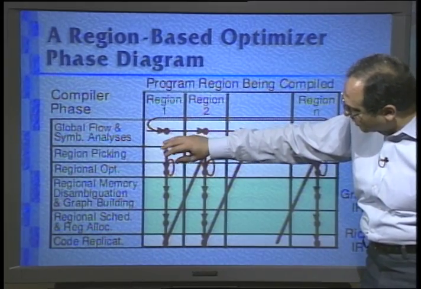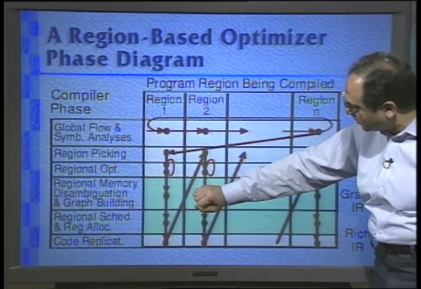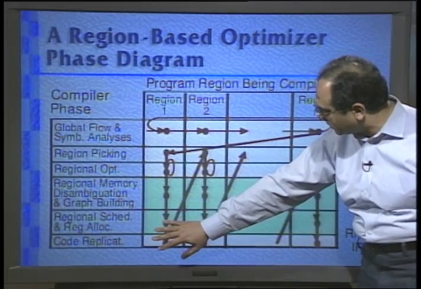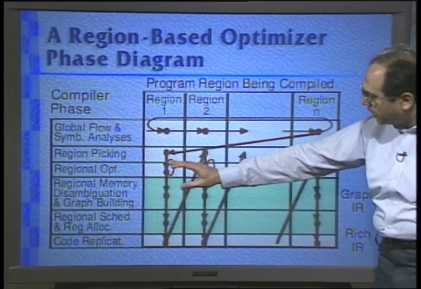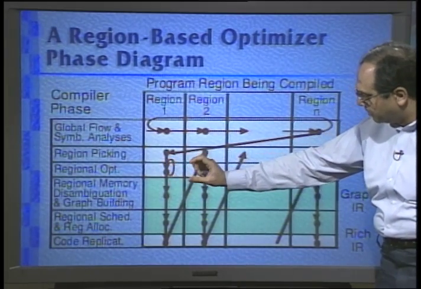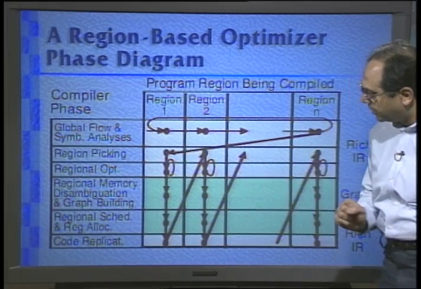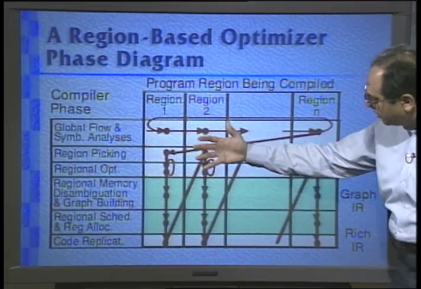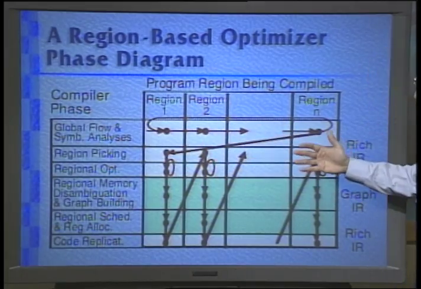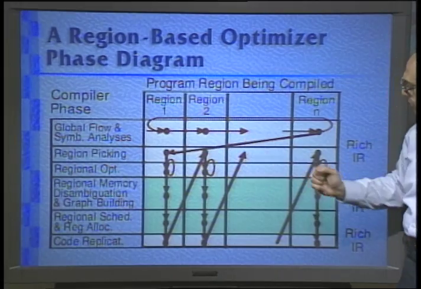You only optimize the code that is going to be scheduled. And once you've scheduled it, it's out of the picture, and you never optimize it again. So this leads to getting the benefits of global optimization, but without having to do it repeatedly over the entire program unit just because a little new code got generated.